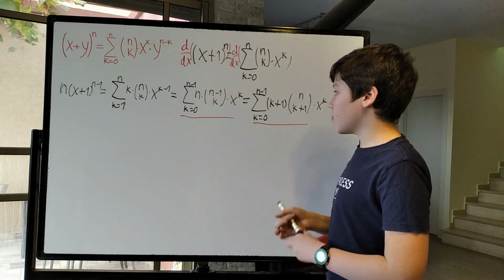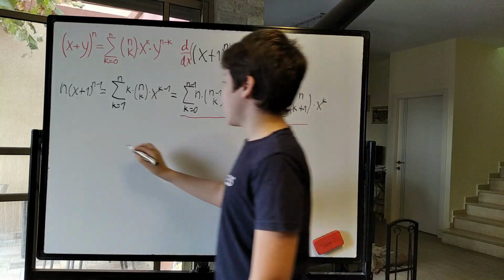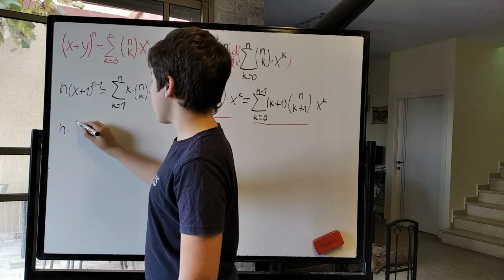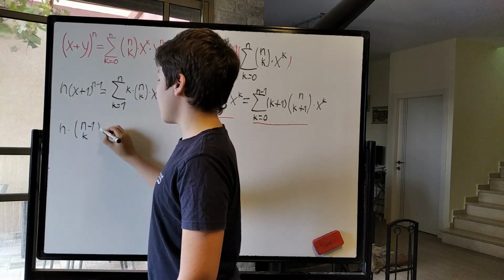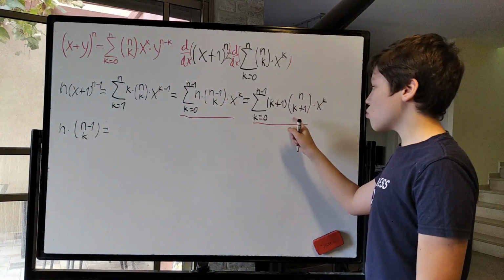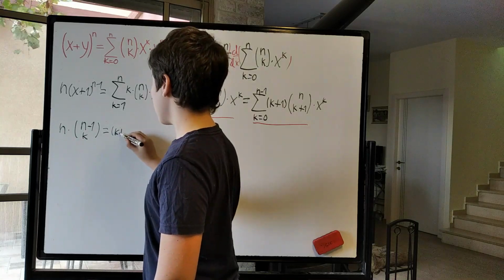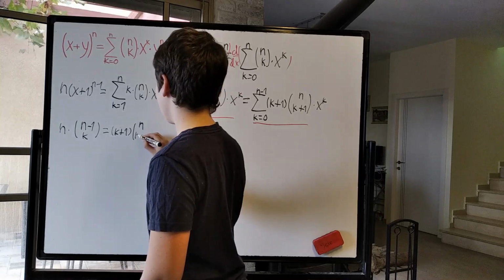So what we will get is that this is equal to this. So we have n times (n minus 1 choose k) is equal to (k plus 1) times (n choose k plus 1).